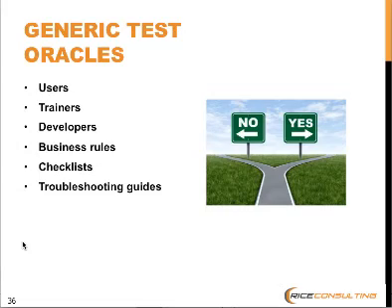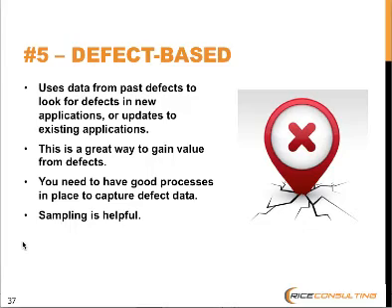Now, your oracles here are going to be users and trainers and developers, business rules perhaps, your checklist, maybe troubleshooting guides as well. Now, the number 5 technique is defect-based. And this is where you use the data from your past defects to look for defects in new applications.